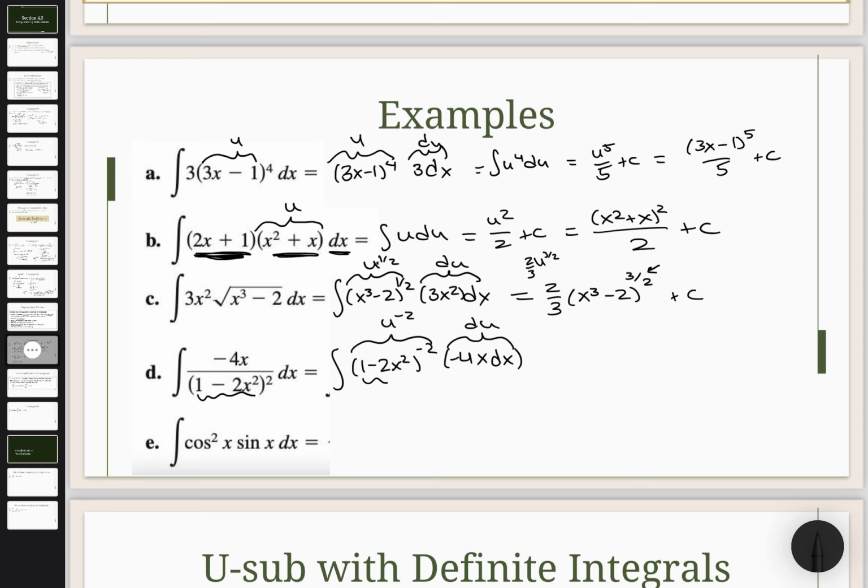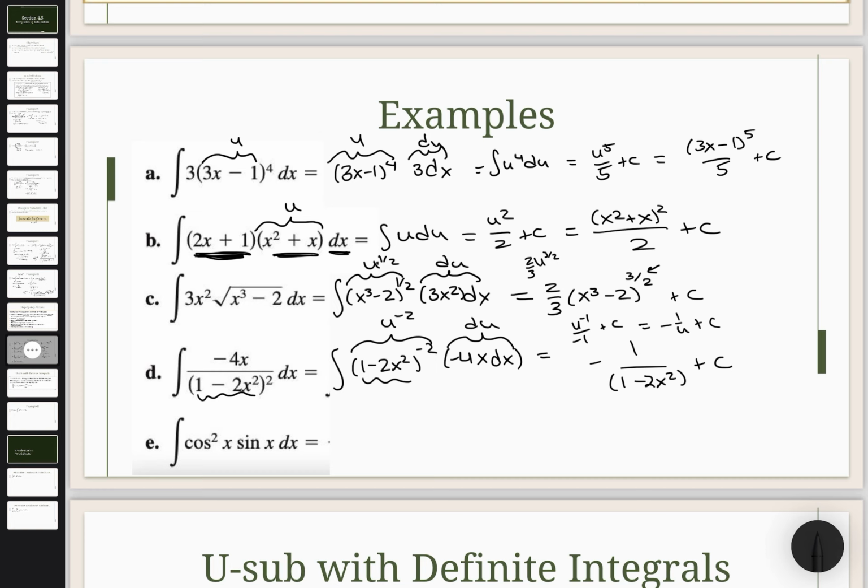If I were to find the derivative of this, it would just be negative 4x. To integrate that, I'm going to add 1 to that exponent. So I'm going to have u to the negative 1 divided by negative 1 plus c. I could rewrite that as just negative 1 over u plus c. So we should end up with negative 1 over, replace it, 1 minus 2x squared plus c. That's what you're looking for. See if you can try out this last one.